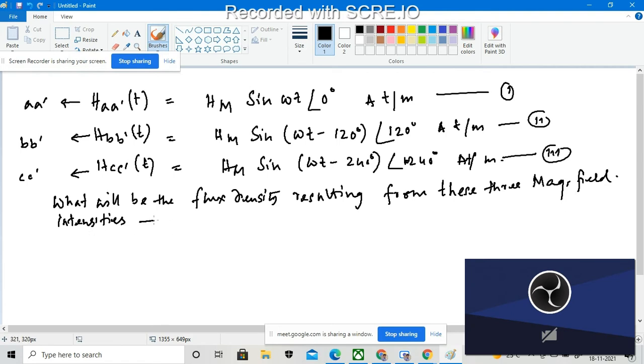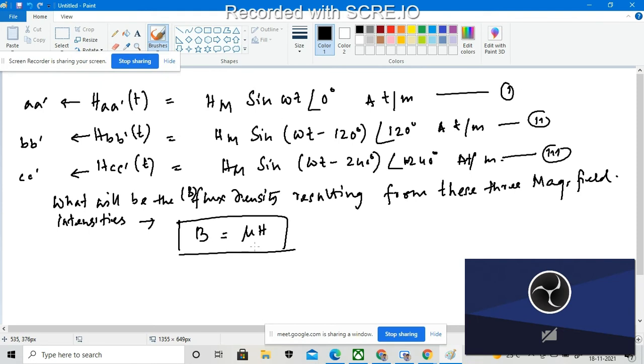Okay, so that will be given by how? The flux density we will consider as B, the magnetic flux density. So what will be the equation? B is equal to mu of H. Is it or not?